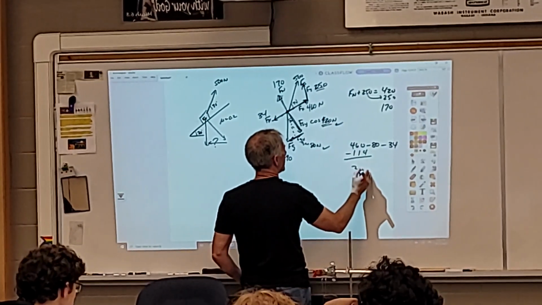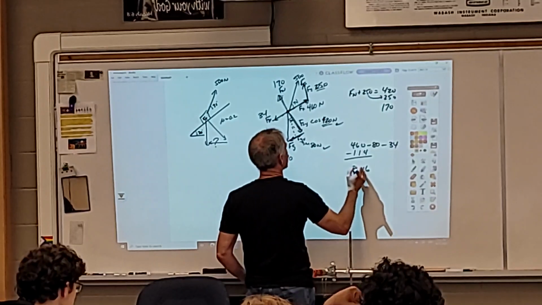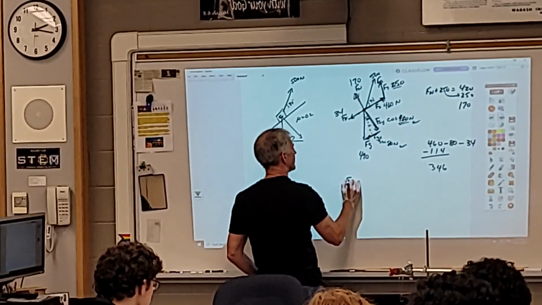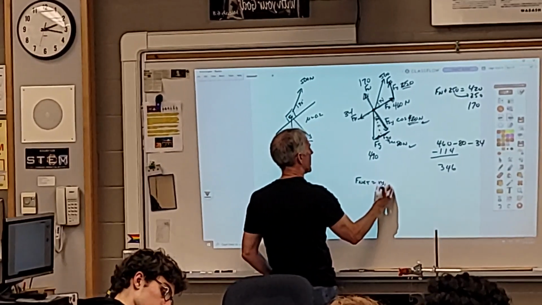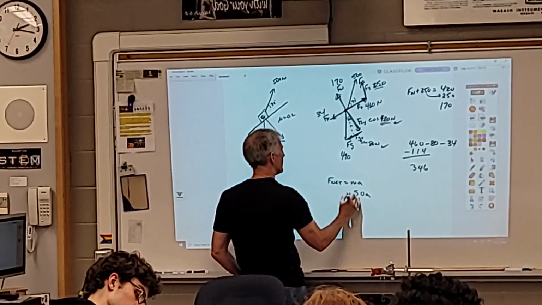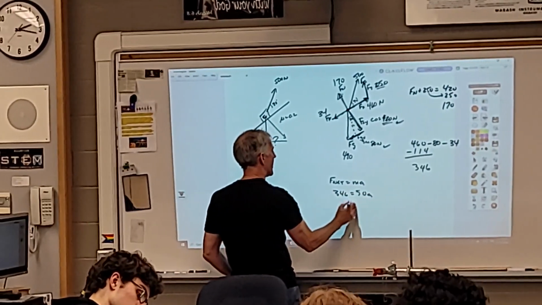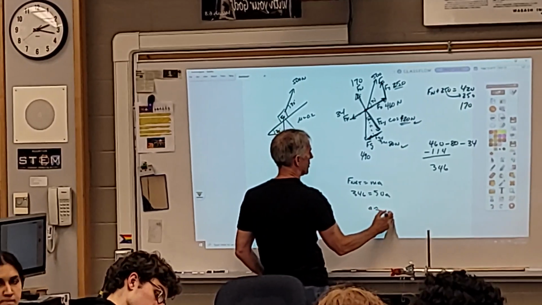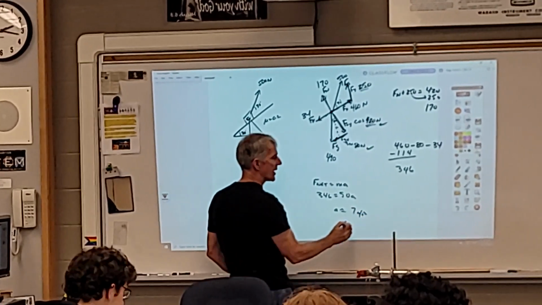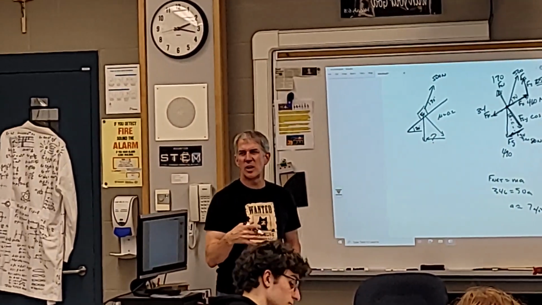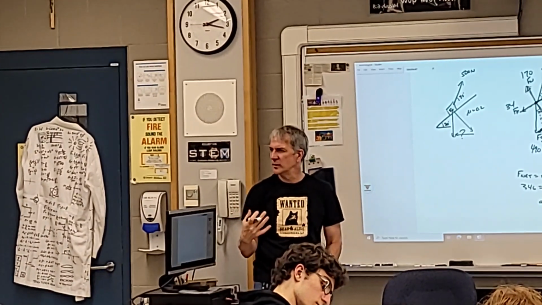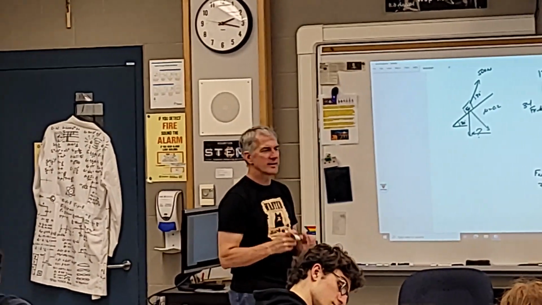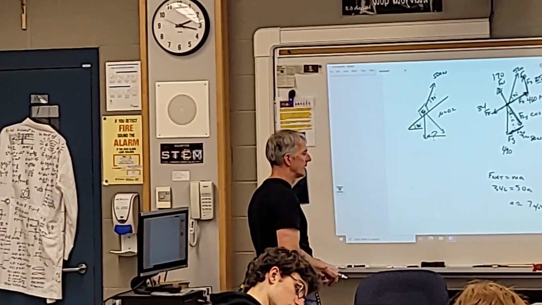We're left with 346 as my net force. My net force is equal to MA. My 50 kilogram box here is accelerating really close to 7 meters per second squared. Again, this is just all quick numbers. You could do the math and practice it tonight or tomorrow or something.